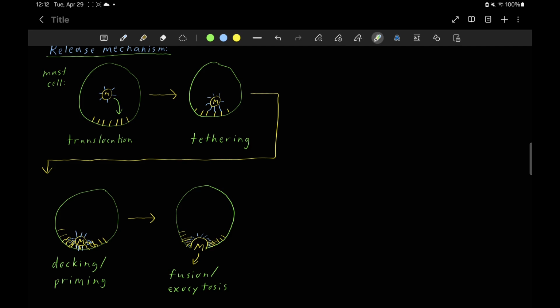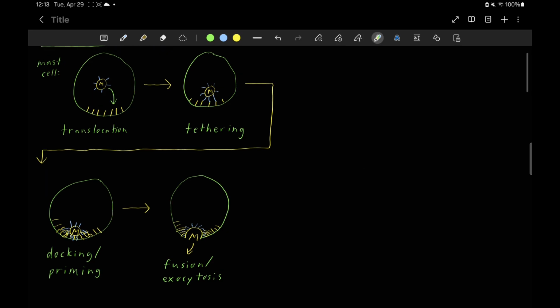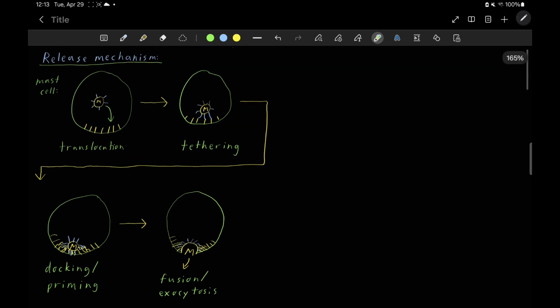And also understand that with neurons, the release, or especially this final step of fusion exocytosis, is reliant on the inflow of calcium ions. But that's about it. Release is one of the more simpler steps.